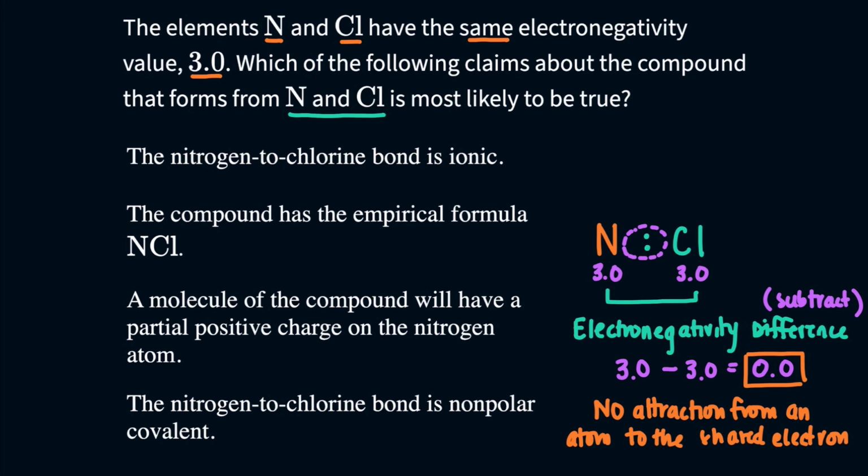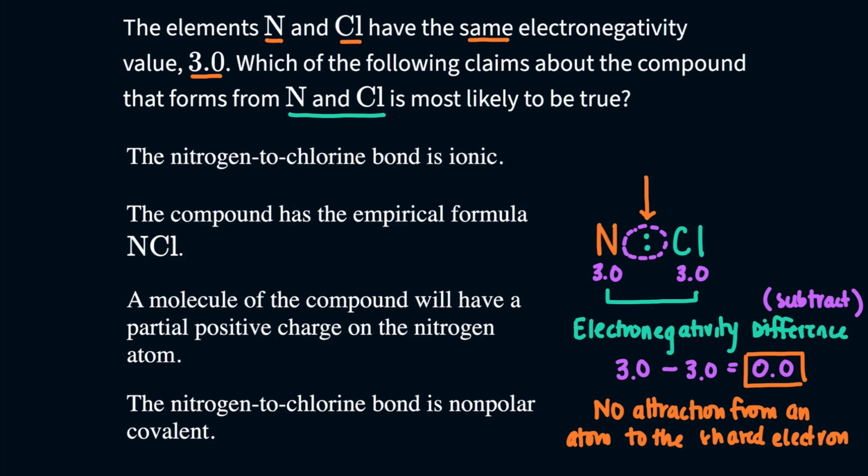Think about it in terms of a game. If on the soccer pitch, the football field, someone's got 3, the score is basically 3-3. Did anybody win? No. Did anybody lose? No, it was a tie. So the electrons would be evenly split right down the middle. The electrons are basically the same distance away from the nitrogen as from the chlorine.